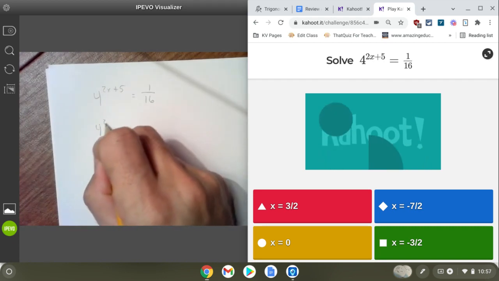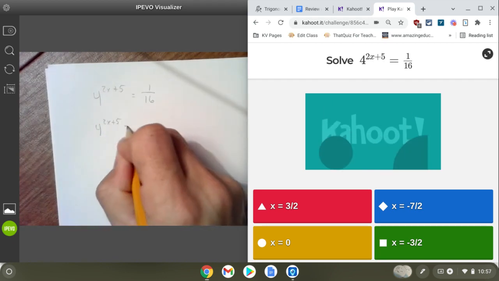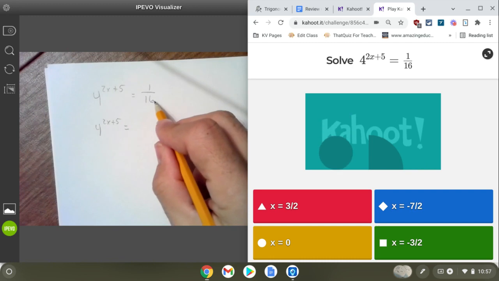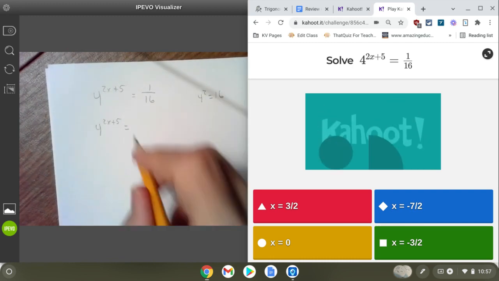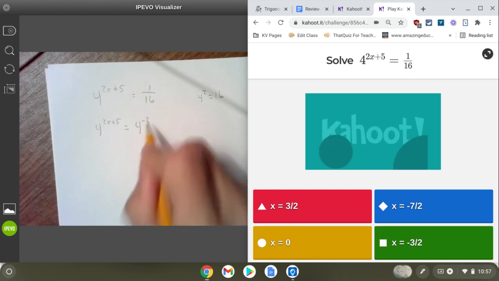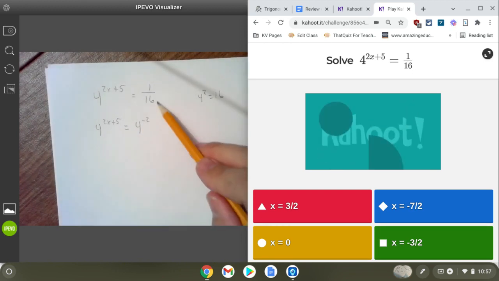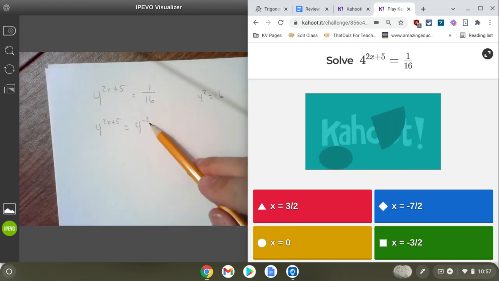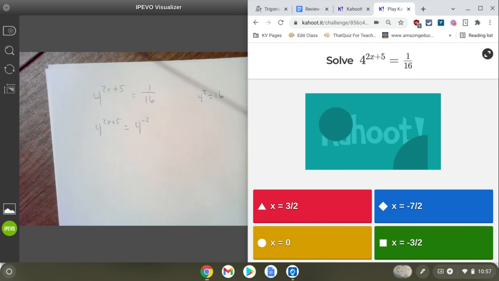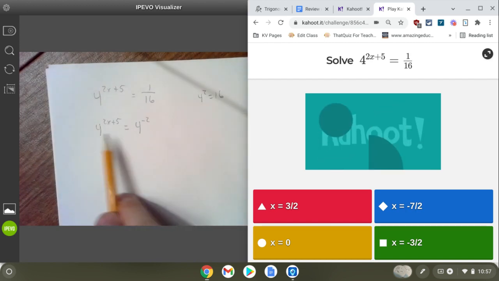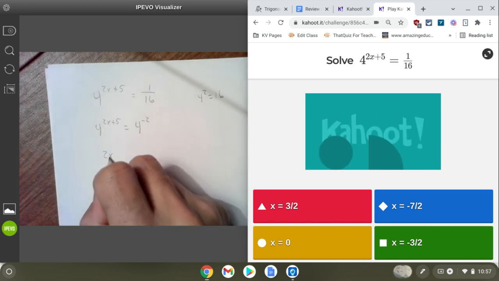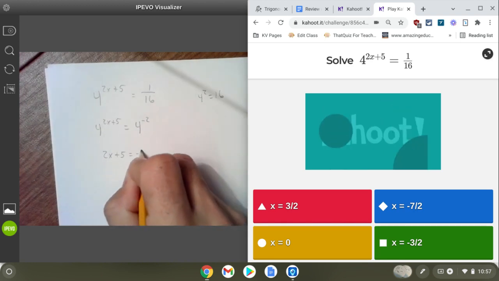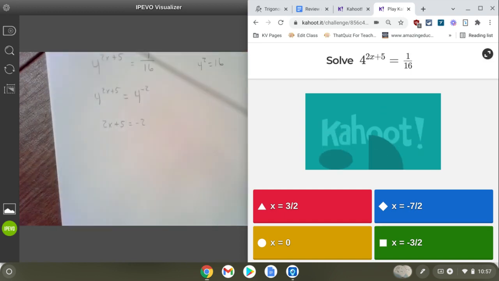So I've got 4 to the 2x plus 5. 4 to the 2nd is equal to 16. 4 to the negative 2nd is equal to 1 over 16. The negative just turns it into a fraction. Now, since the bases are the same, we can set these two exponents equal to each other and solve.